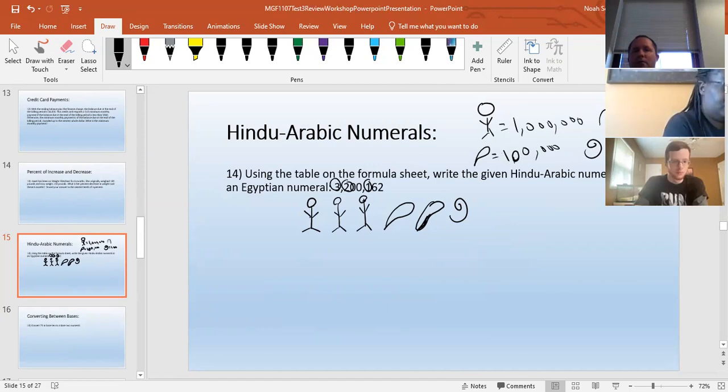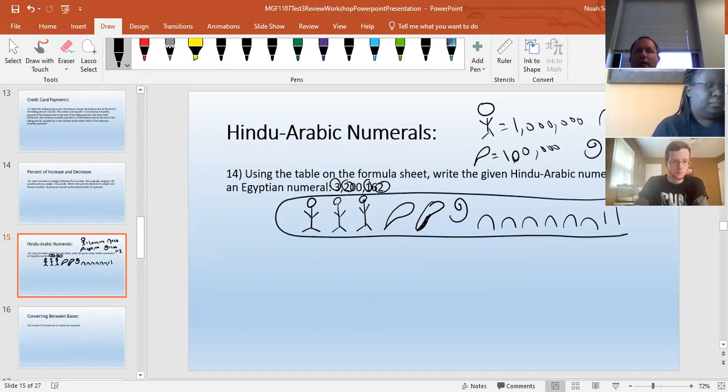So we got 6 in the tens place, so we need 6 heel bones. There's 6 heel bones, and then the vertical lines represent the ones place, and there's two in the ones place, so that's 2 vertical lines, and there's your Egyptian numeral right there.